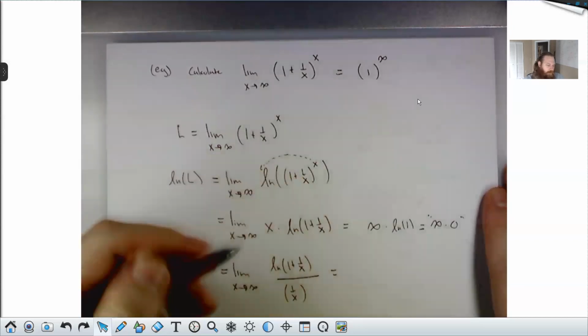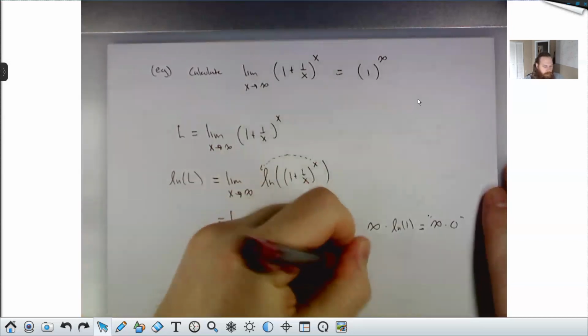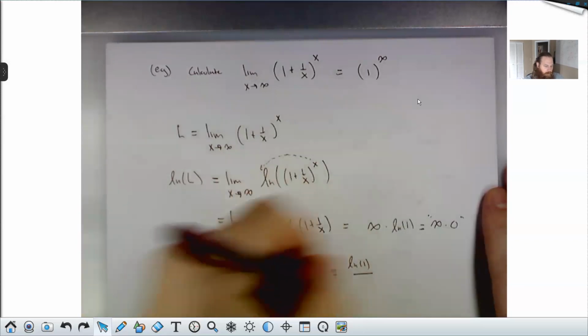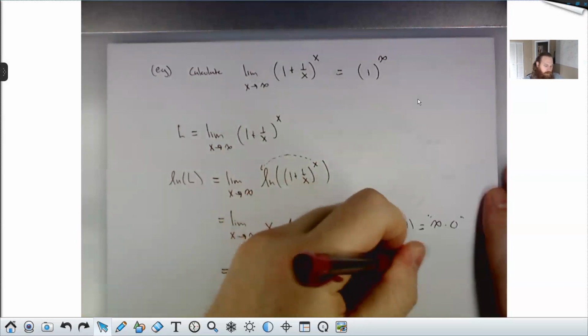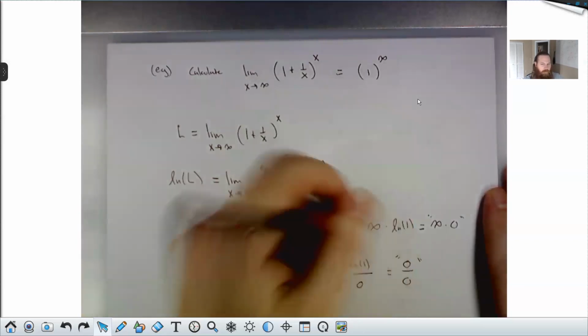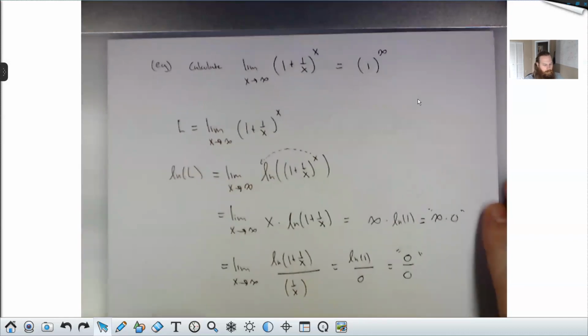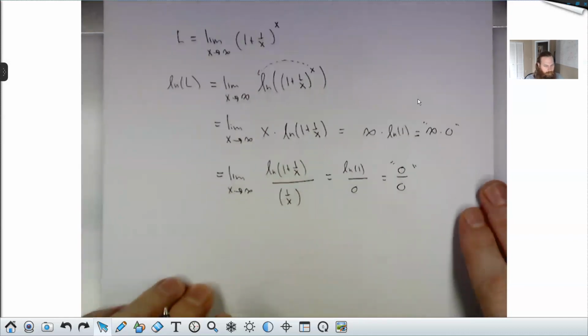And we can observe that the top is still going to ln 1, and the bottom is now going to 0. ln 1 is 0, so this is 0 over 0. So we can apply L'Hopital's rule.